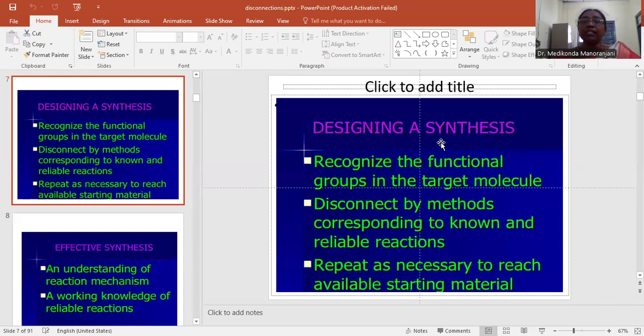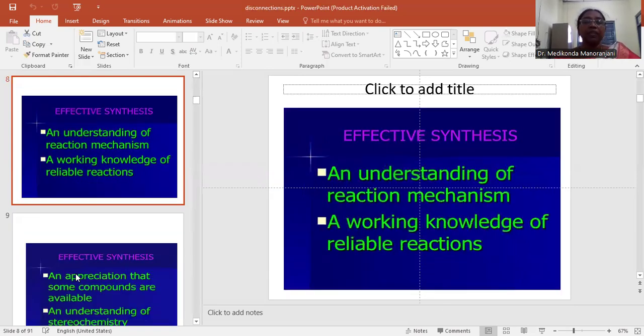Now, how do we design a synthesis? While designing a synthesis, first of all, we have to recognize the functional groups in the target molecule. Second, disconnect by methods corresponding to known and reliable reactions. Third, repeat as necessary to reach available starting materials.